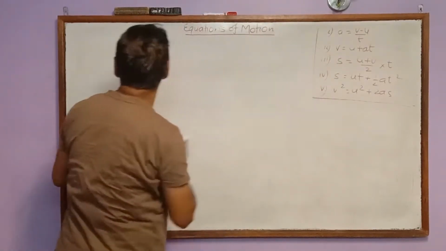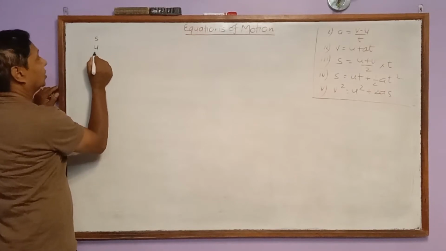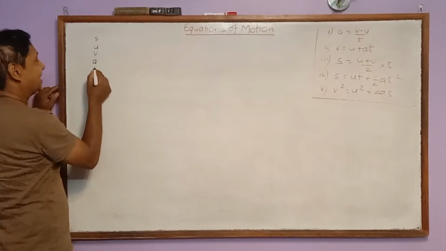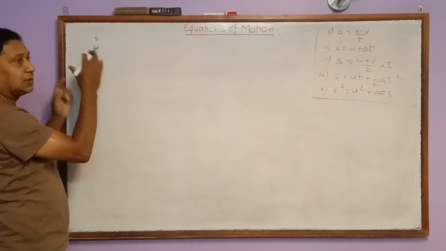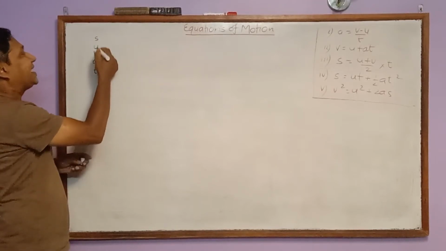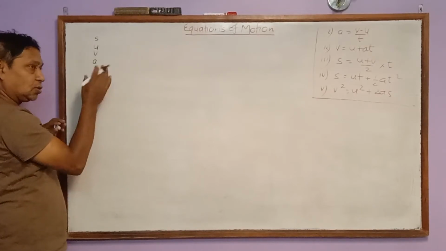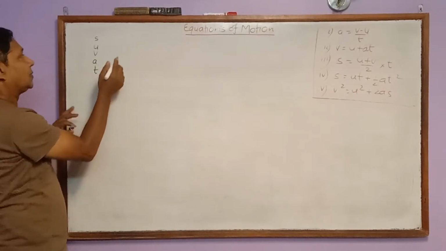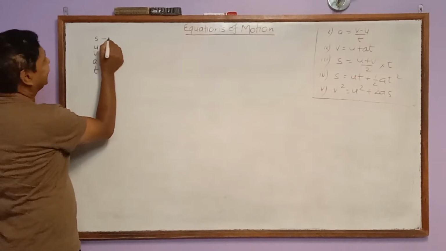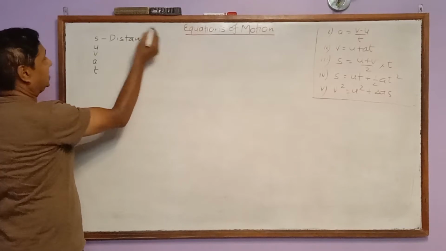There are 5 symbols. What are they? S, U, V, A, T. You can remember this as Subhat or UTSAB, Utsav. Remember this name, either Subhat or Utsav. S is distance travelled.